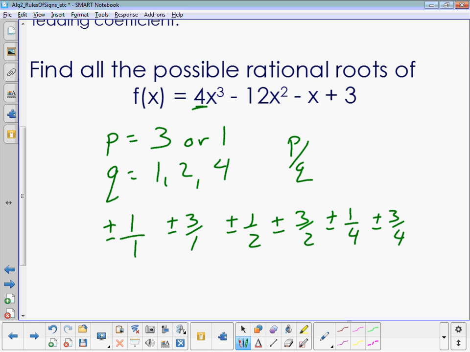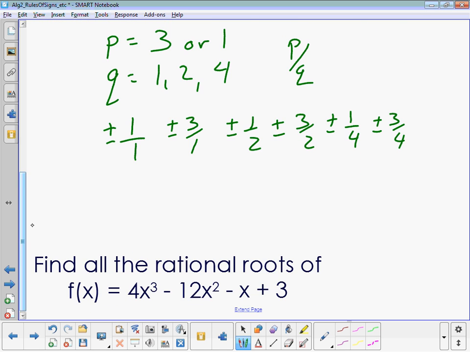So I take all the factors of the constant term, which are just 3 and 1, and I put them over all the factors of the leading coefficient, that 4. So I got 1, 3, 1/2, 1 1/2, 1/4, 3/4. Those are all the possible rational roots. So those are all the possible numbers I could try easily without having to worry about a repeating or non-repeating decimal that goes on forever, that type of stuff.